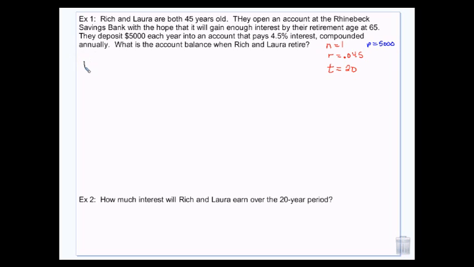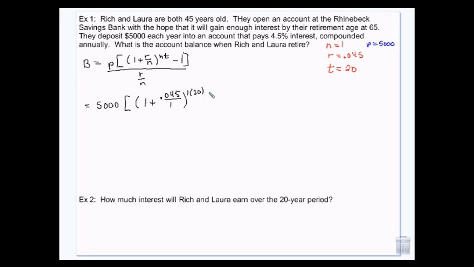Okay. So my equation, divided by R over N. So 5,000 times 1 plus 0.045 divided by 1, to the 1 times 20, minus 1, all divided by 0.045 divided by 1.